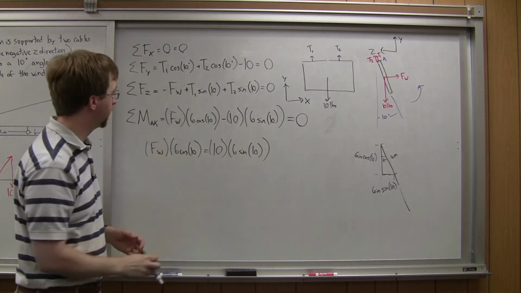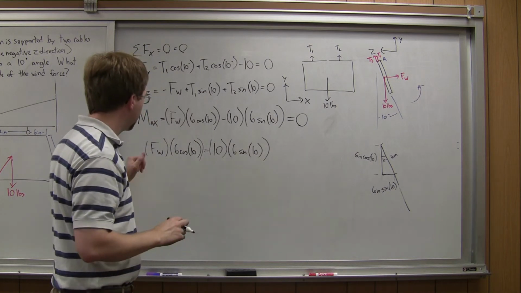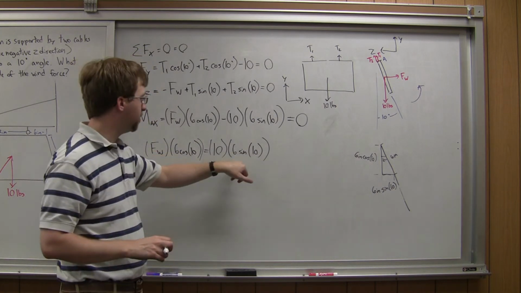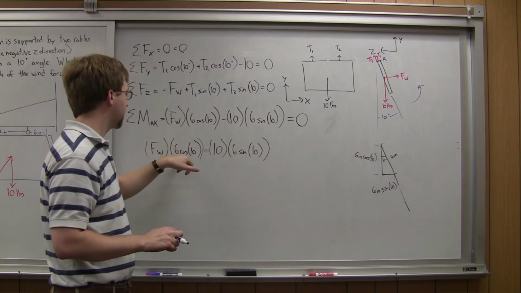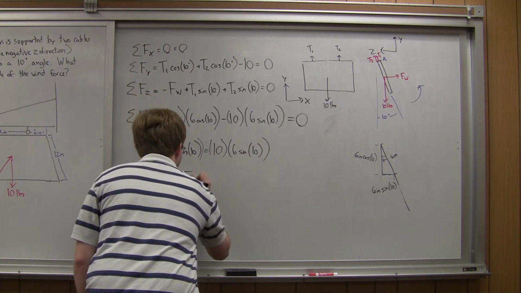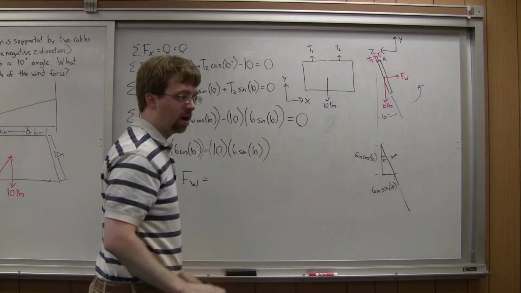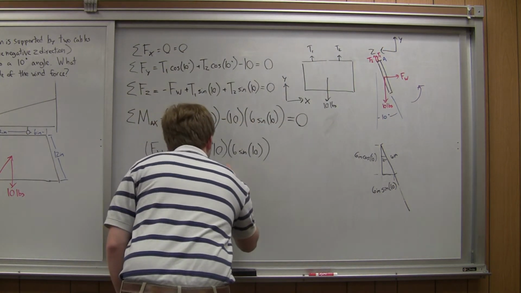And again, these are all degrees. All right, so I do 10 times 6 times sine of 10 degrees, divide that by 6 times cosine of 10 degrees. I'll end up with a wind force of approximately 1.76 pounds.